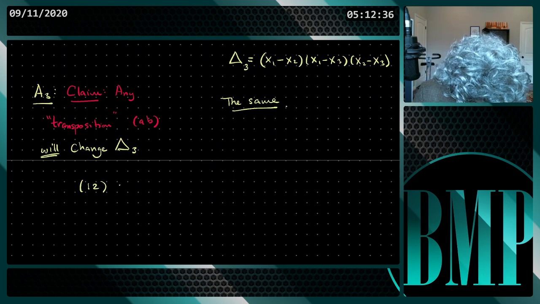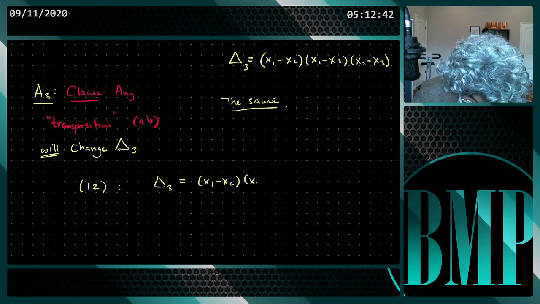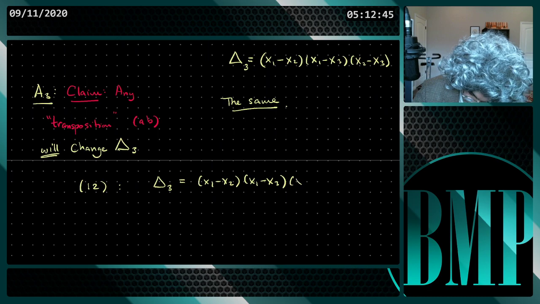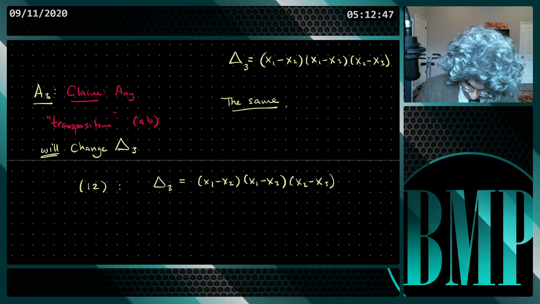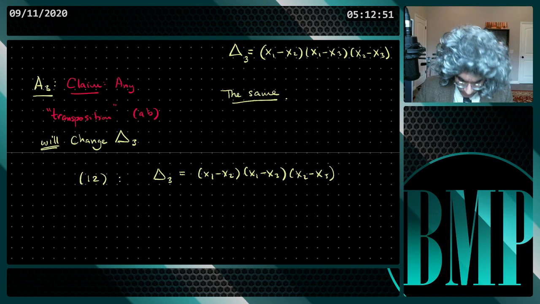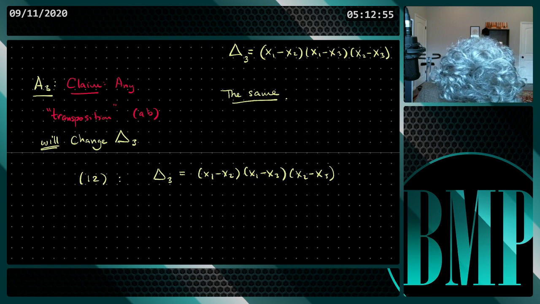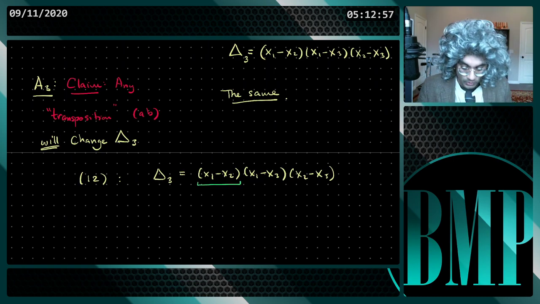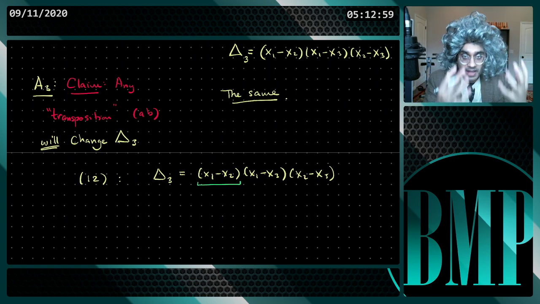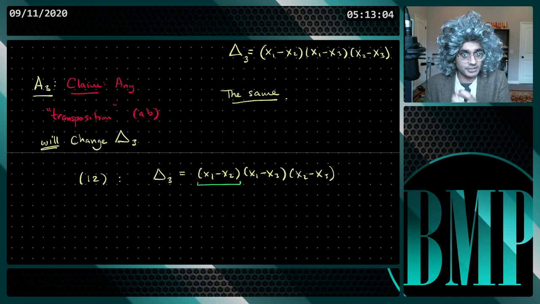Our discriminant does the following. The first factor, when you apply the permutation (1 2), x1 becomes x2 and x2 becomes x1.